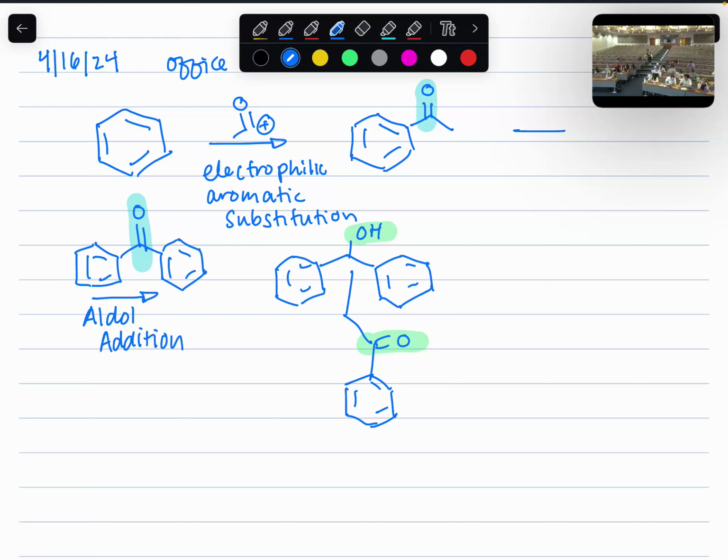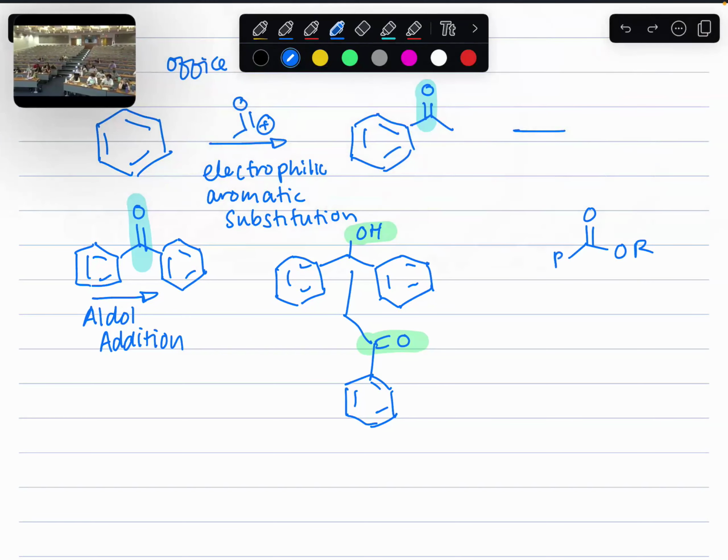Between aldol and Claisen, our Claisen has to have those two oxygens that are right next to each other, while the aldol is just that acyl group.